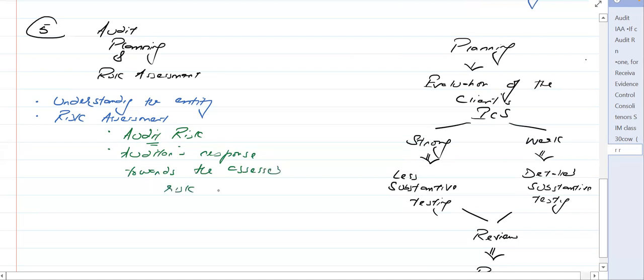For example, they told us that they have disposed of some of the assets during the year, and we got this information while understanding the entity. So we brought the risk to mind: there's a possibility that the disposed assets are still part of the asset register. The auditor's response would be to check their asset register to see whether those disposed assets have been removed. This is a very, very important area.